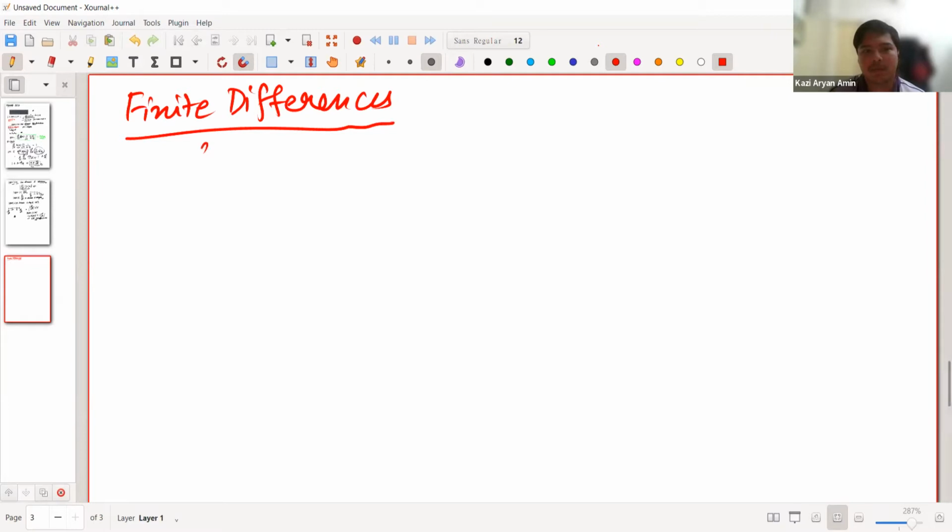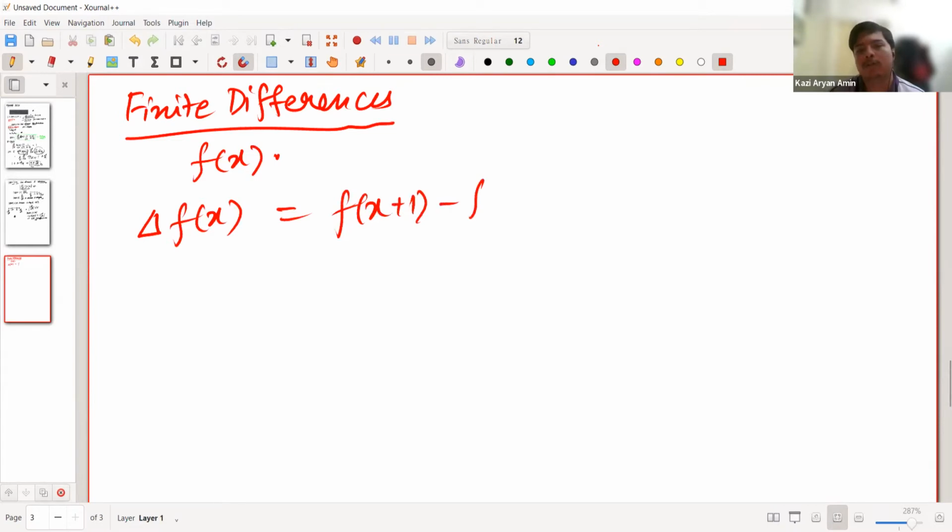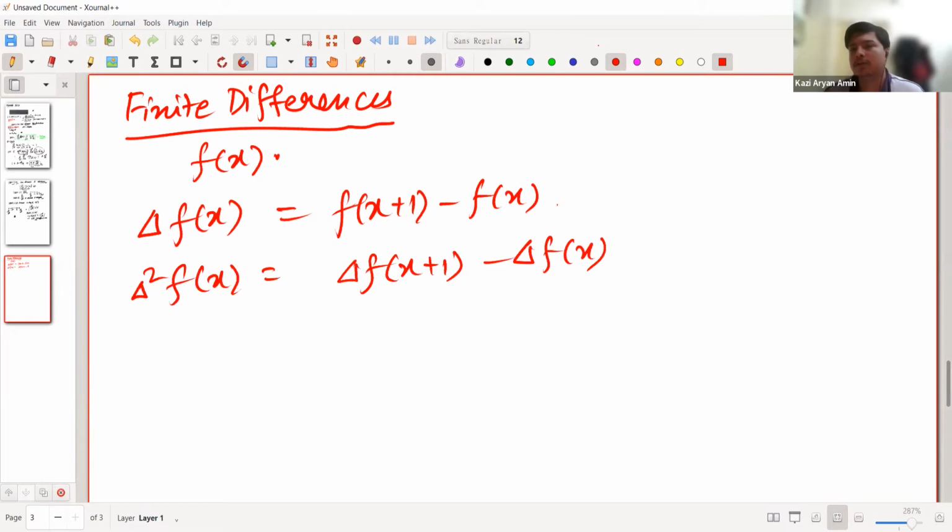So for finite differences, suppose you have a polynomial f of x, right? We say that the first order forward finite difference of f of x is f of x plus 1 minus f of x. And we can define the second order finite difference of f of x to be del of f of x plus 1 minus del of f of x.